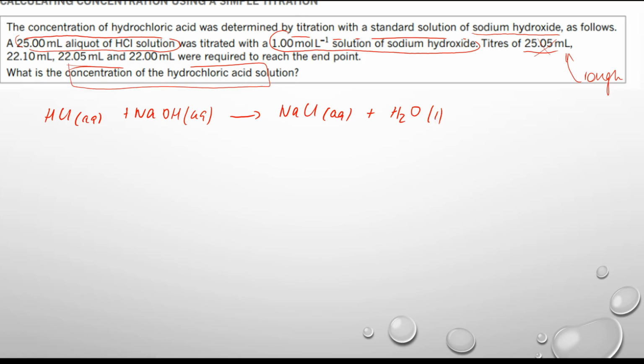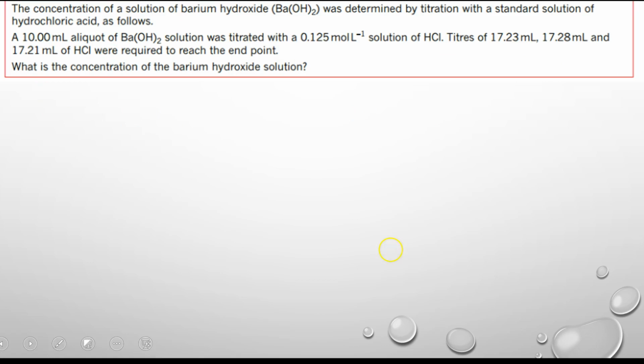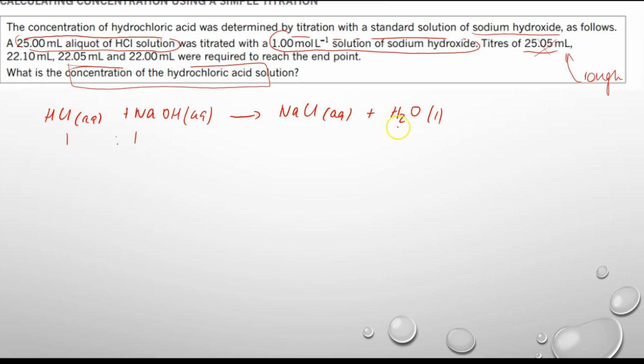Now, if we have a look at this and try and balance it, we can see that it's already balanced. So we can see again here that it's a 1-to-1 ratio, producing our 1 mole of water.